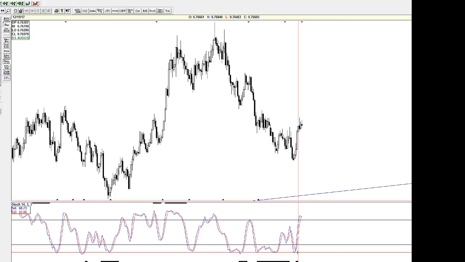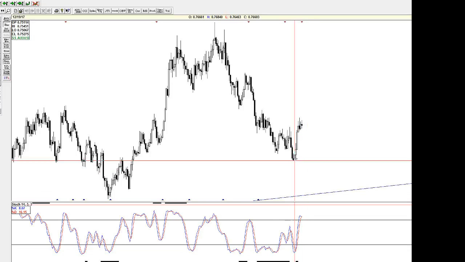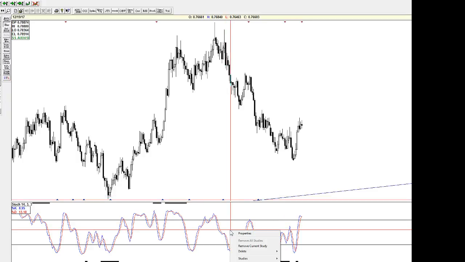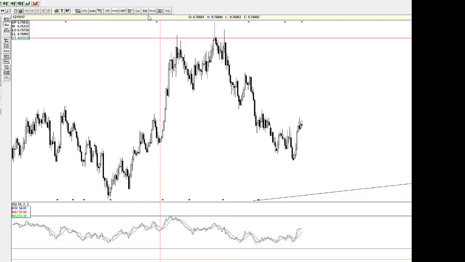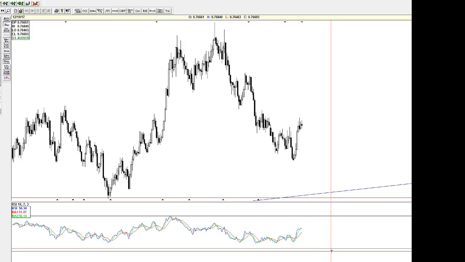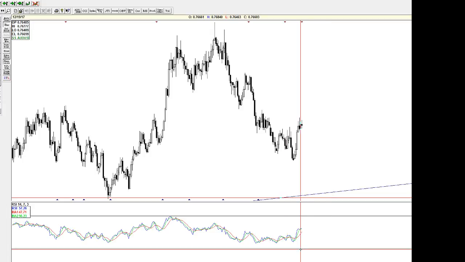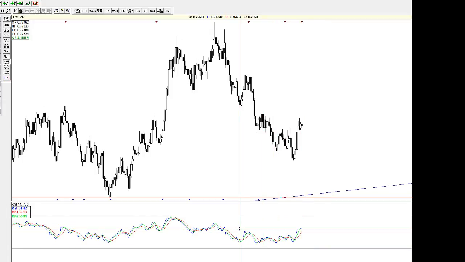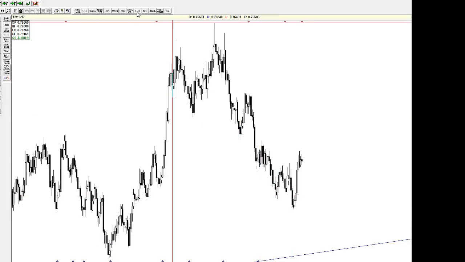So nothing really there to give me an edge to see that this is going to be the swing low. So we take this out. Next indicator could be the RSI. Nothing really there. In theory, normally you go long when it kisses the 20. Never got to the 20. So this wouldn't work.